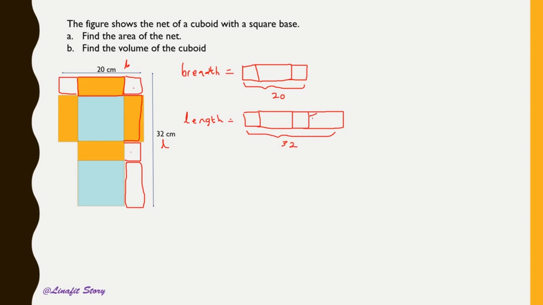So here we will find the length of the rectangle. 32 minus 20 equals 12. So here is a square of side 12 cm.